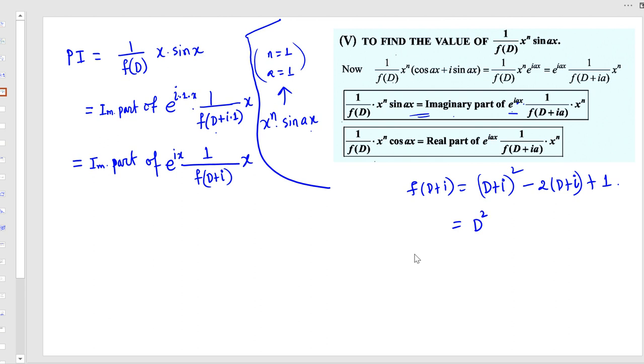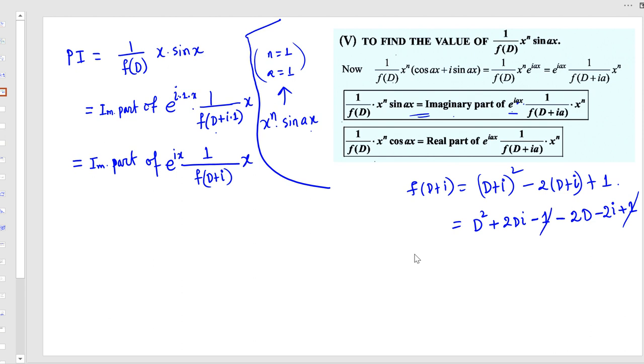You will get d square plus 2 di plus I square. I square will be minus 1, so let us write minus 1. And here you will write minus 2d minus 2I plus 1.